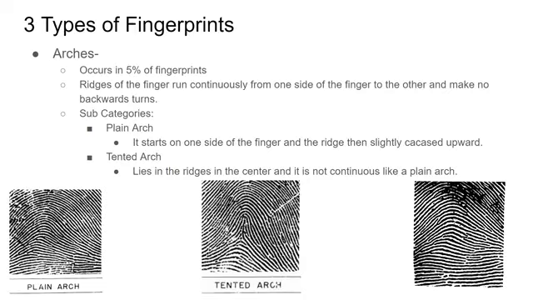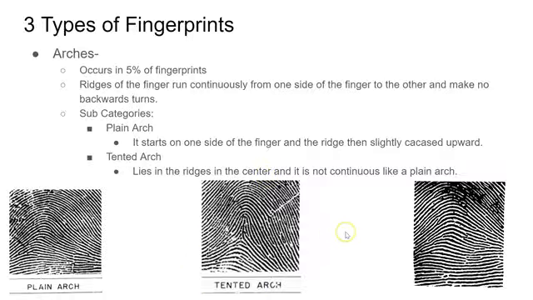There are subcategories of these arches. The first one is called a plain arch, and you can see that right down here in the bottom left-hand corner of your screen. A plain arch starts on one side of the finger, and the ridge slightly cascades upwards. Or you have a tented arch. That's right here in the middle of the screen.